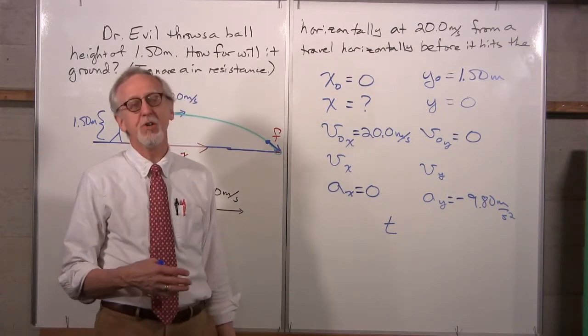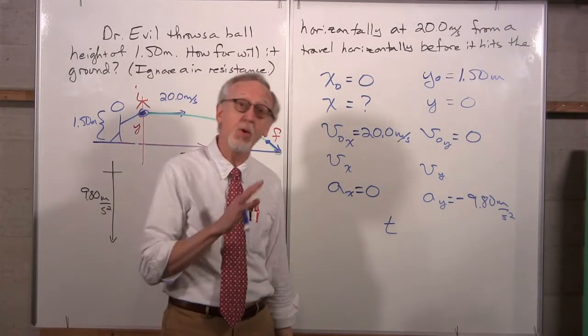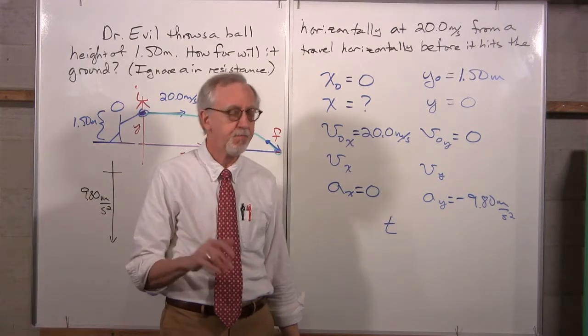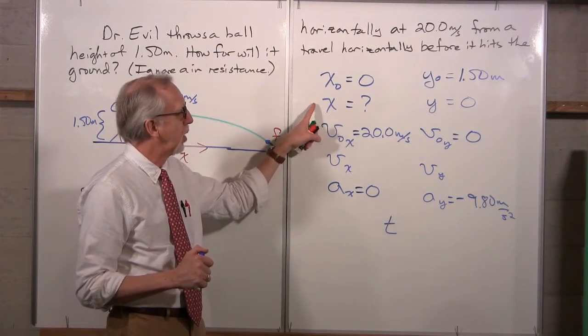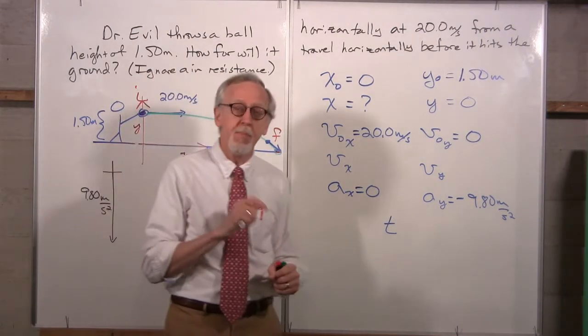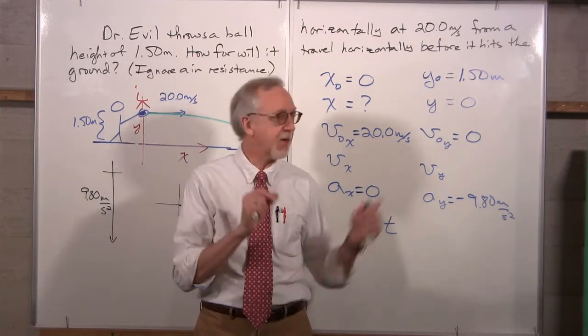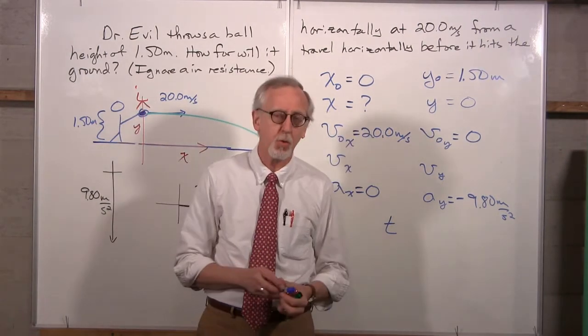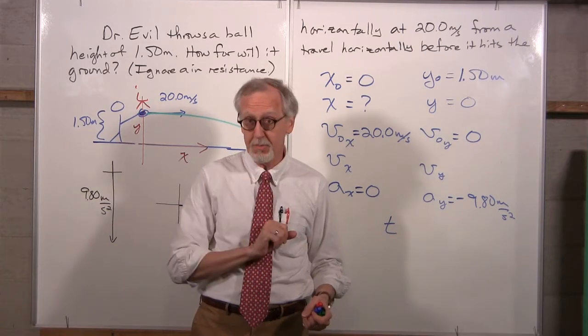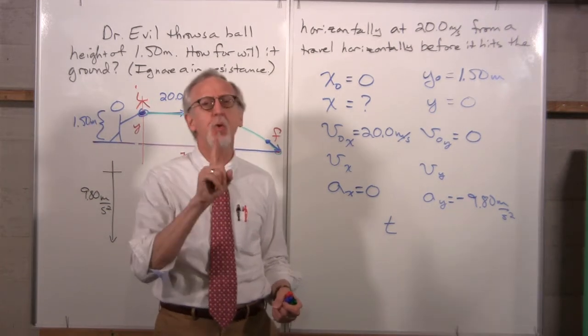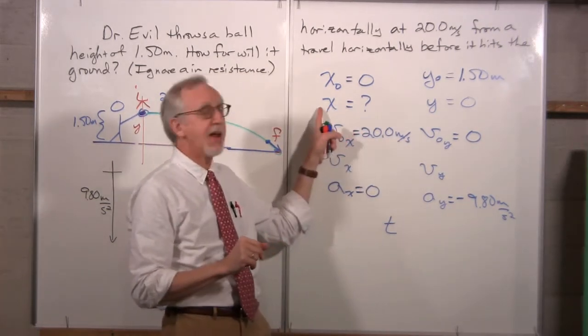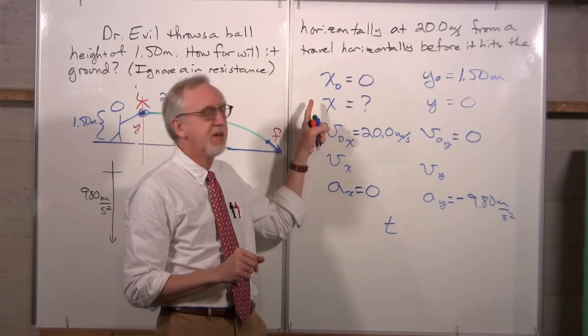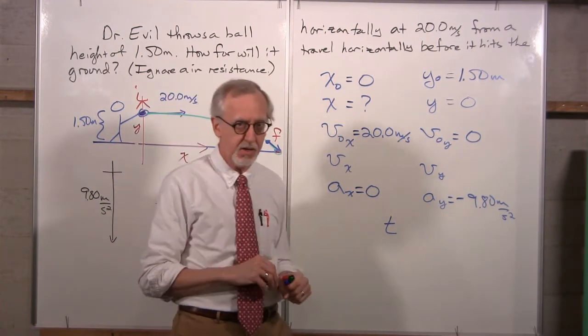So now what do we do? How do we solve this problem? Well, we go back to the equations and we try and find what we're looking for. Remember, how do we find an unknown that we're looking for? We have to have two requirements. We need to have an equation that has that quantity in it. So we need to find an equation that has an x in it.